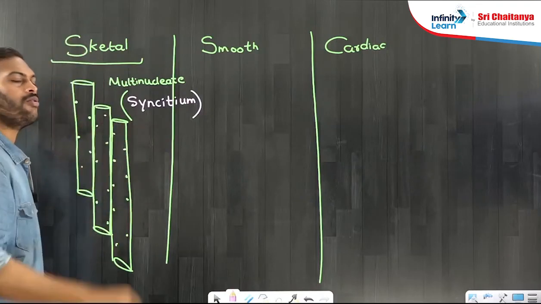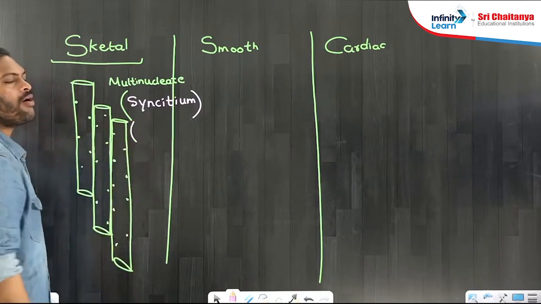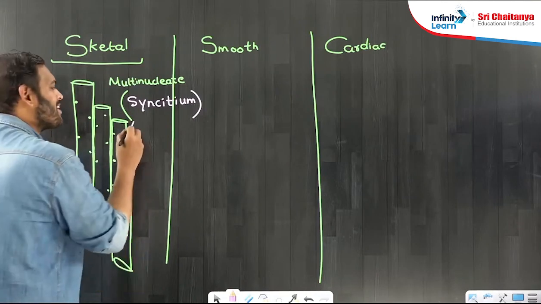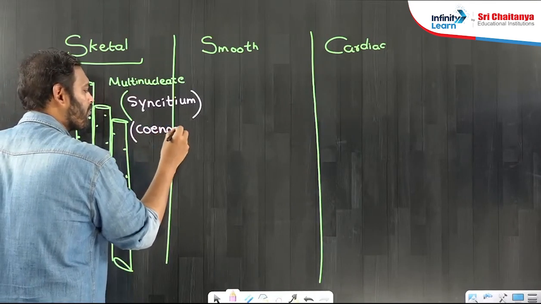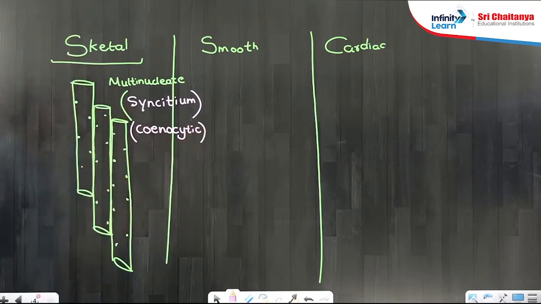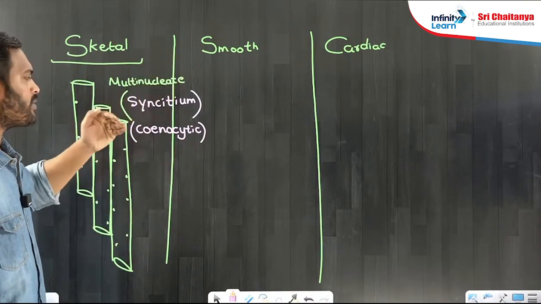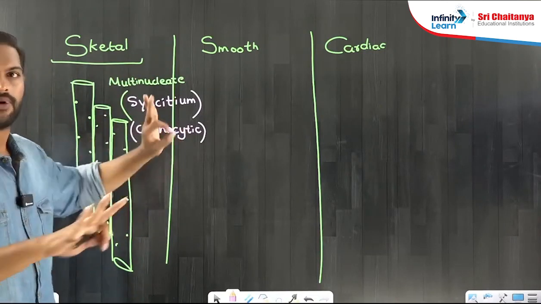And one more synonym I'll give you: multinucleate or syncytium is also synonymous with a term called coenocytic. You can use multinucleate or syncytium or coenocytic. It is up to you.